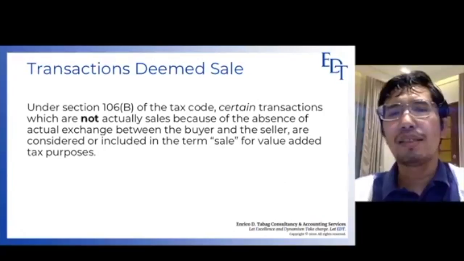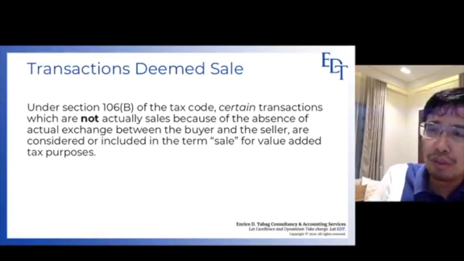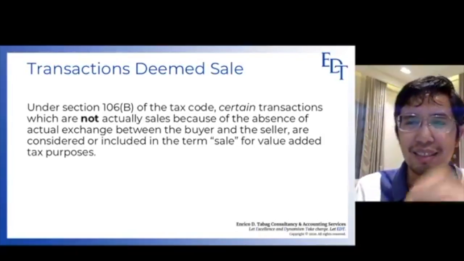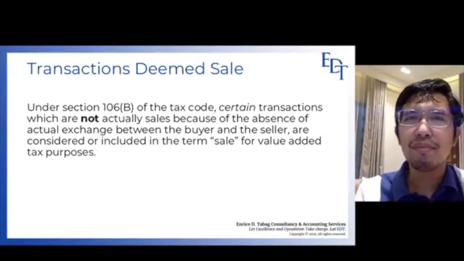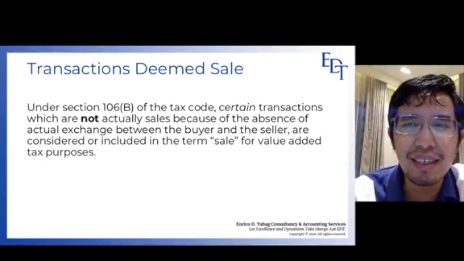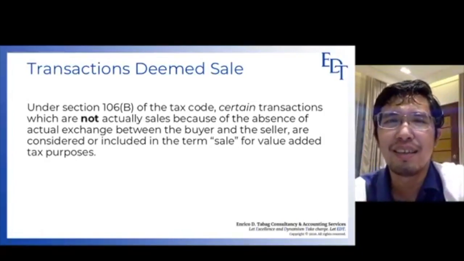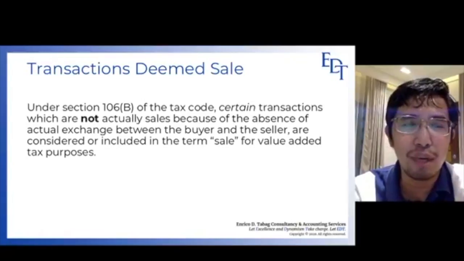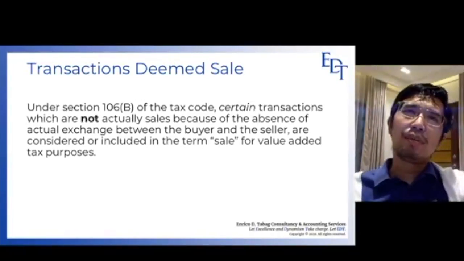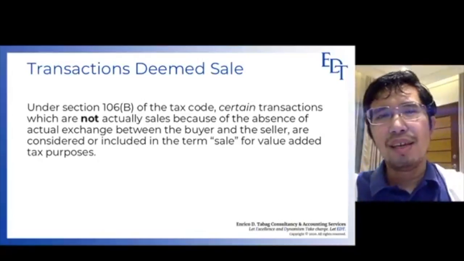Okay, next. Balikan natin si sale of goods under section 106 of the tax code. Dalawang klase yan. We have the actual sale, transaction deemed sale. And that is covered under section 106B of the tax code. So, ulitin ko. Pag sinabi mong sale of goods, actually, dalawa yan.